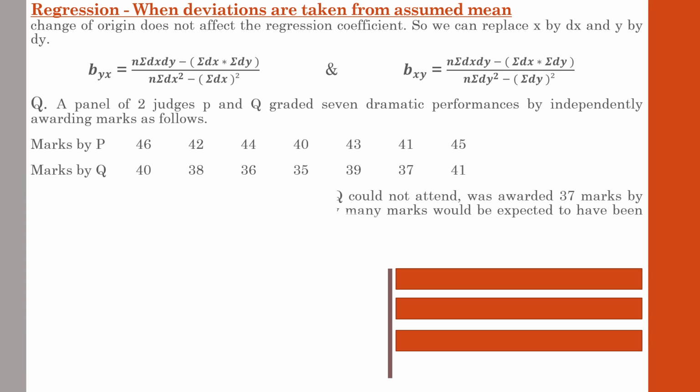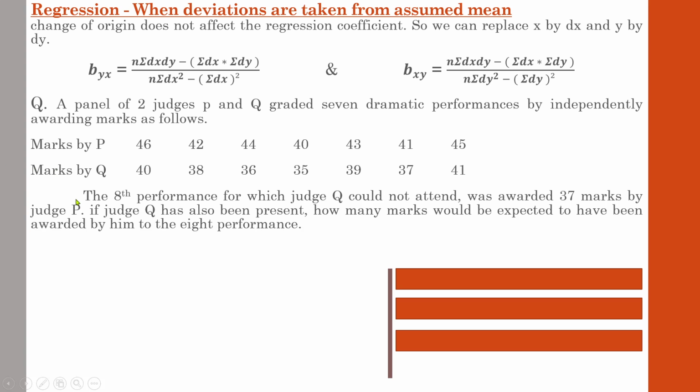In the question, it is further mentioned that the 8th performance, here 1, 2, 3, 4, 5, 6, 7, only 7 is given, for which Q could not attend, was awarded 37 marks by Judge P. P was there, Q was absent, and P gave 37 marks for that 8th performance. If Judge Q had also been present, how many marks would be expected to have been awarded by him to the 8th performance? That is the question.